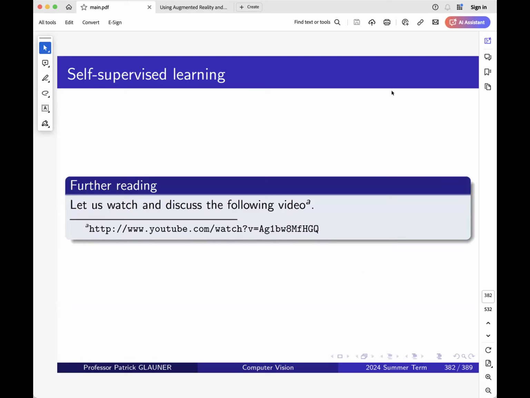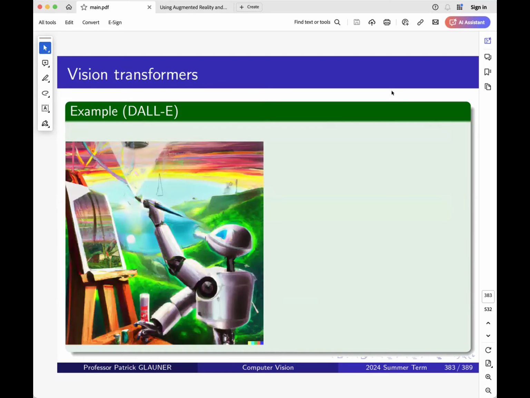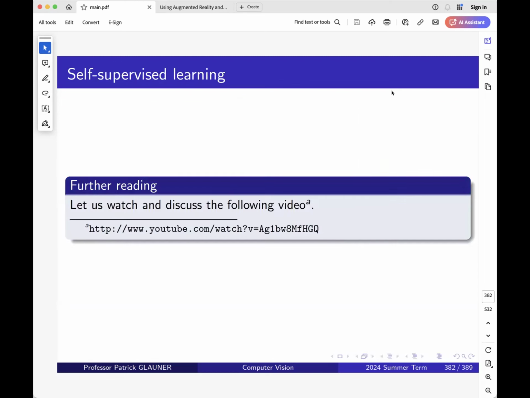Now, the vision transformers have become more popular, and in order for us to look at vision transformers, in order to train them, we need an approach that is called self-supervised learning. So when you have an introduction to machine learning, you learn that there is supervised learning, that there is unsupervised learning, and that there's reinforcement learning, which are the three pillars of machine learning.